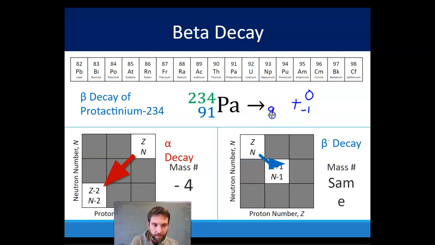So that means this has got to be 92. This will be 234. Mass stays the same. And then we can look here, 92 is going to be uranium-234 plus our electron. It's an electron emission, so that means we have to emit an anti-electron neutrino.